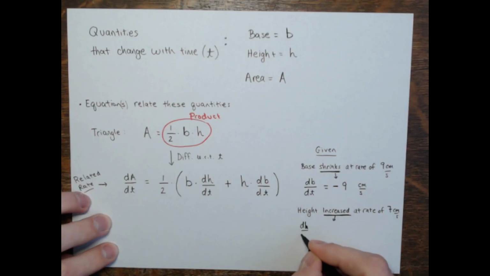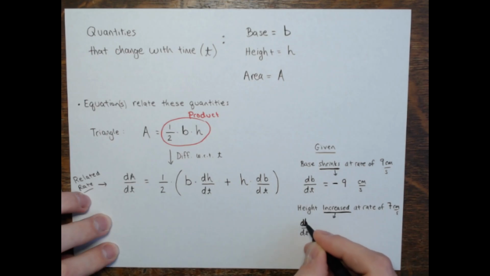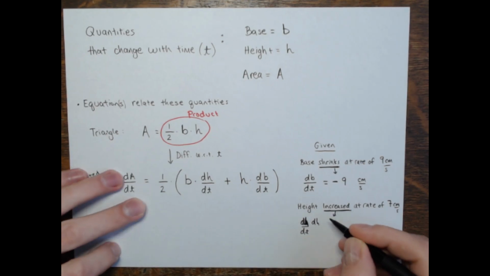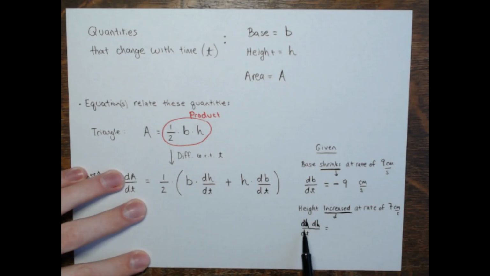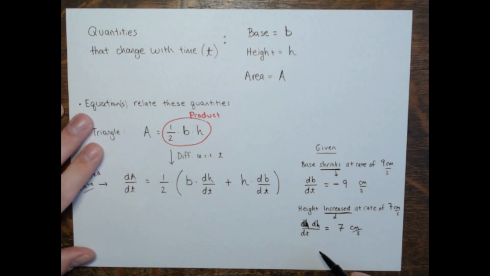So dH dt, this is dH over dt here, the rate at which the height is changing. And if it's increasing, if height is growing, then that means you have a positive rate of change. So positive 7 centimeters per second. But I'll just be plugging in 7 for dH dt.